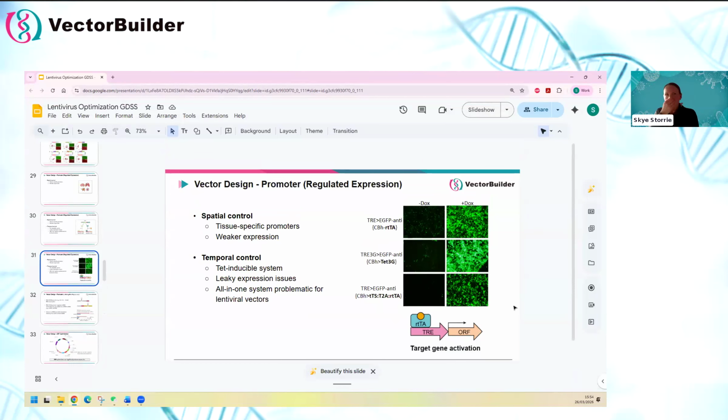But I think it's really a balance between making sure that you don't have leaky expression and making sure that you have good levels of expression of your gene of interest.